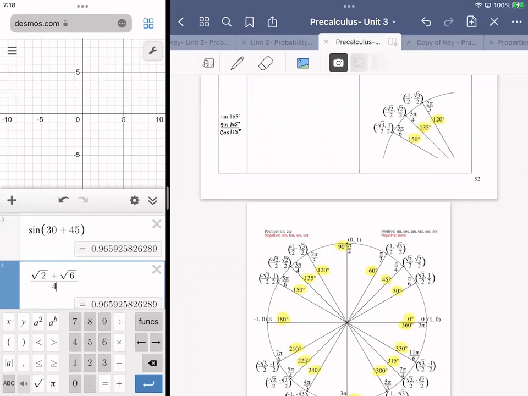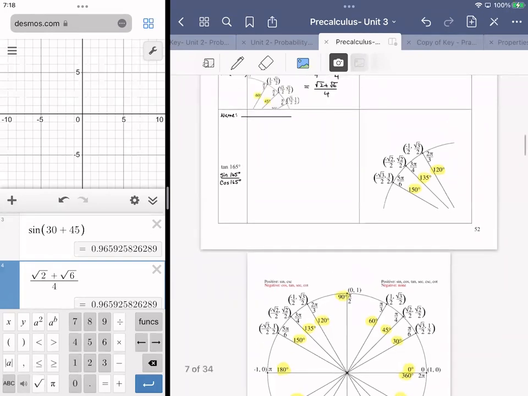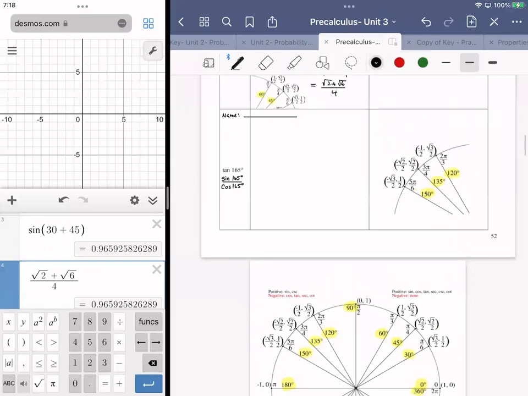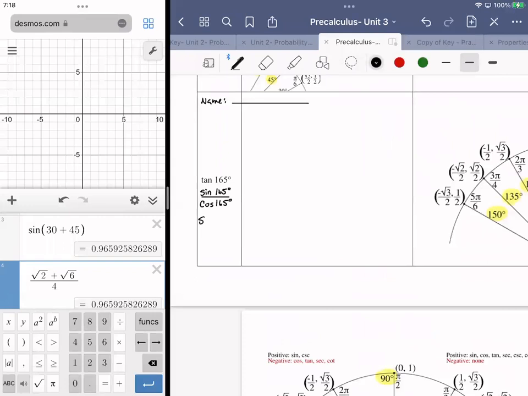You don't have to draw the circle. Good question. That's probably a little too much. So I'm going to go with what I said initially, 135 and 30. That's sine of 135 plus 30 over cosine of 135 plus 30.